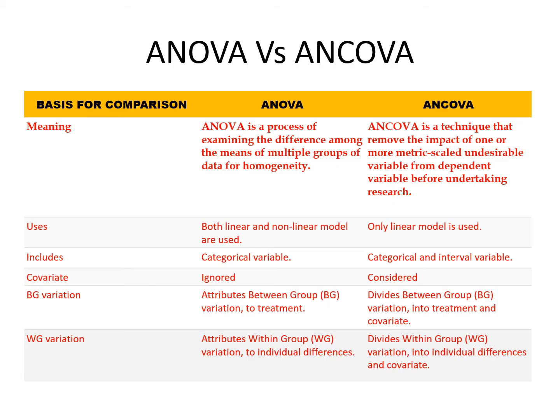That's ANCOVA. So you have to realize that we are going to look at the undesirable variables before you undergo the research. And definitely this is used for pilot studies.